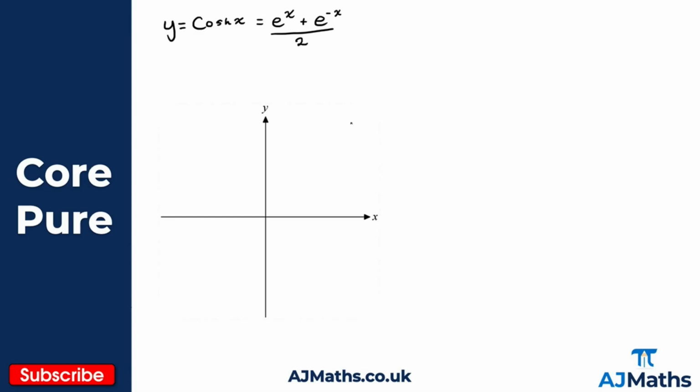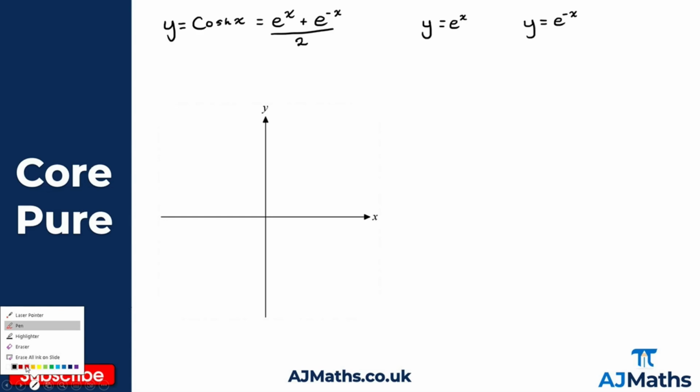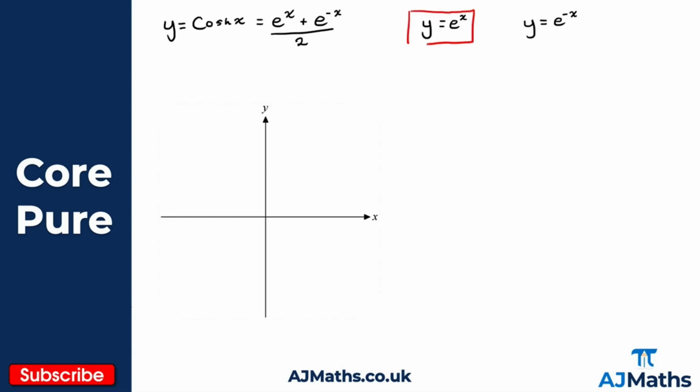Again, because we're dividing by 2, we're essentially just averaging two curves: y equals e to the x and y equals e to the minus x. All I need to do here is sketch these two curves. I'm going to do this one in red. We have already seen a sketch of this.